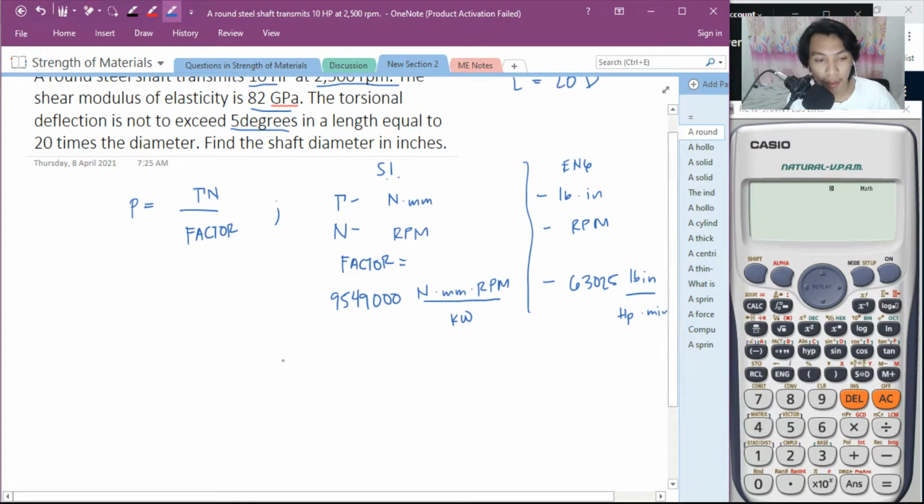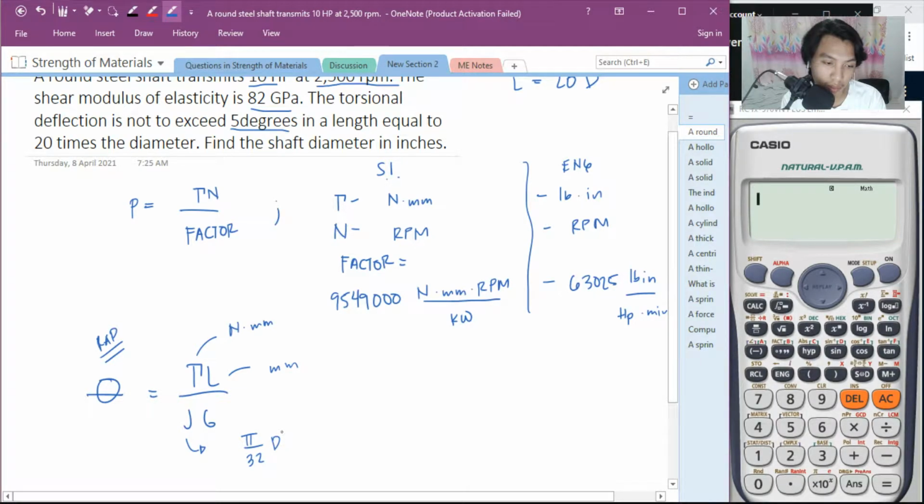Now, meron na naman akong mnemonic sa inyo. Theta is equal to TL over JG. Now, when we're talking about the deflection, that is commonly in radians. Okay? Torsional deflection, this is in Newton millimeter. This is in millimeter, mas maganda. Yung J, that is pi over 32 tapos D cube ata.